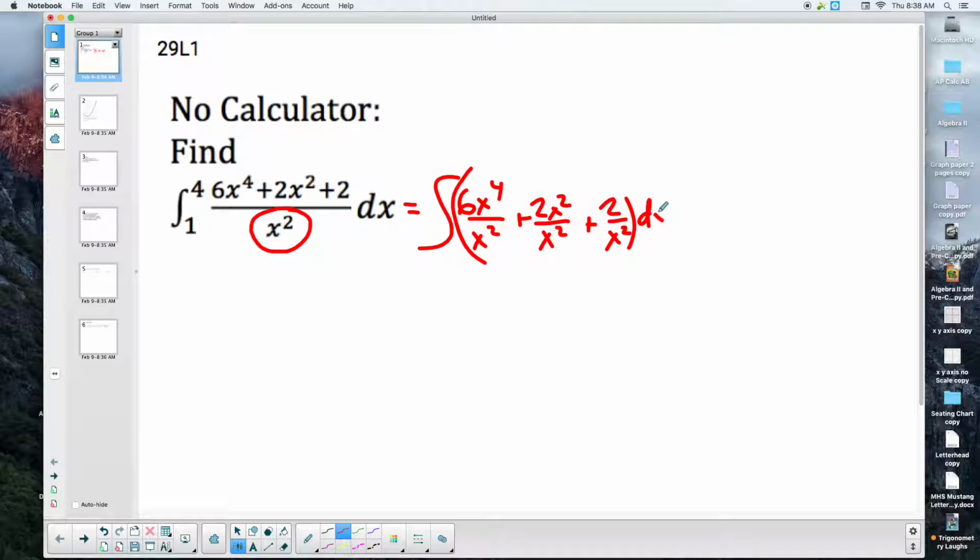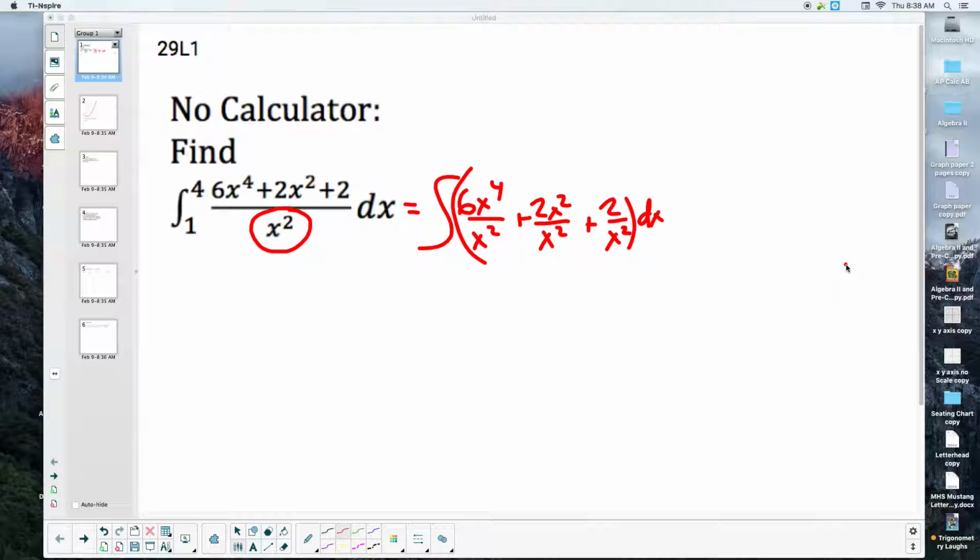with respect to x. I'm going to turn on my calculator quick for some later questions. Let's just ignore it though. So let's simplify this.